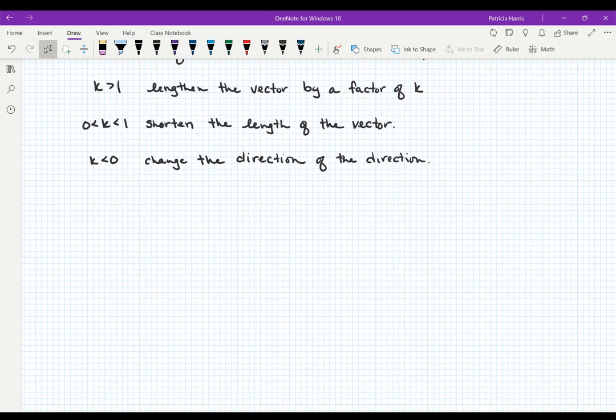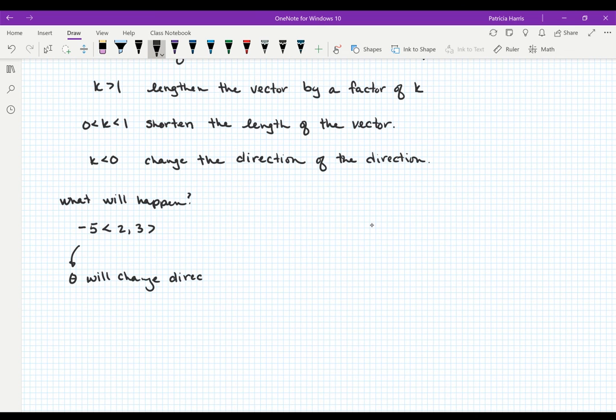So let's try to guess what would happen. Let's say I have a negative 5 times a vector of (2, 3). So what's going to happen? Theta will change direction by 180 degrees.